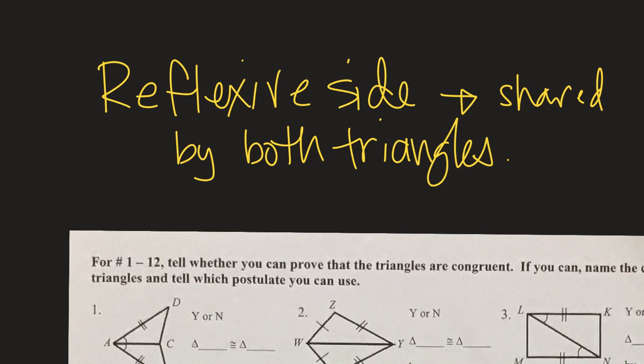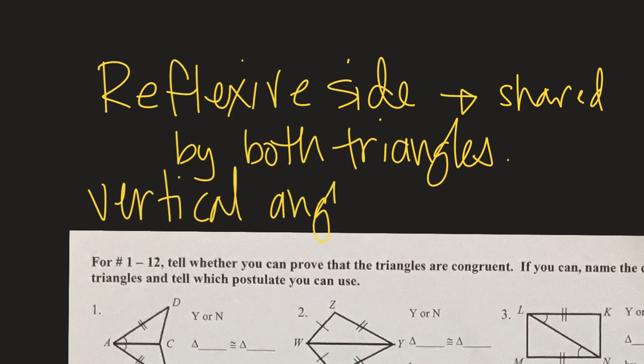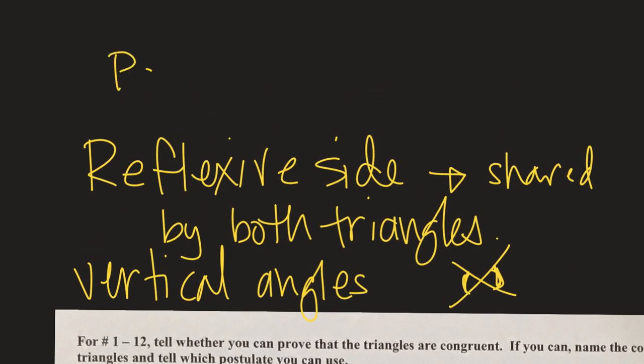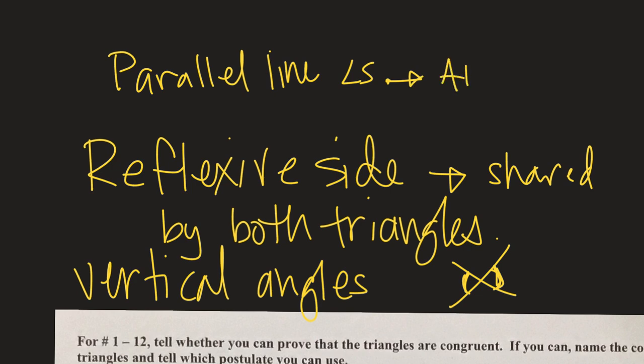Okay, you are also allowed to mark vertical angles. Remember, vertical angles are the ones that are across from each other, right? They form an X, so you can put the congruent markings for vertical angles. Okay, and then the other thing you can mark is parallel line angles, like alternate interior angles or alternate exterior angles or corresponding angles.